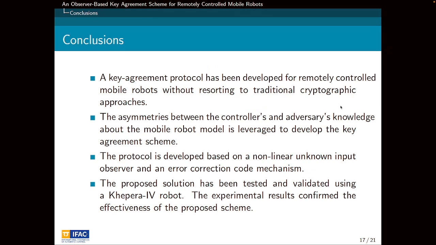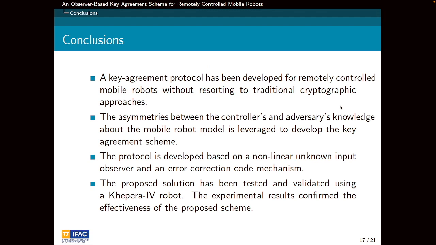As the conclusion of this presentation, a key agreement protocol has been developed for a remotely controlled mobile robot without resorting to traditional cryptographic approaches. The asymmetries between the controller's and adversary's knowledge about the mobile robot model are leveraged to develop the key agreement scheme.